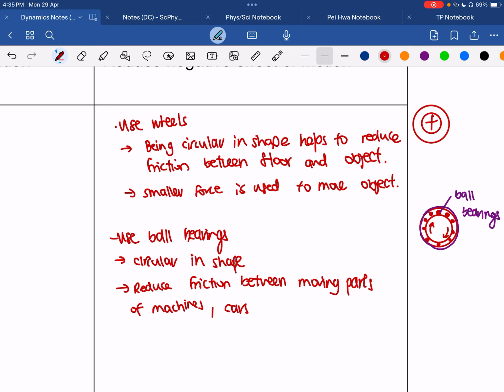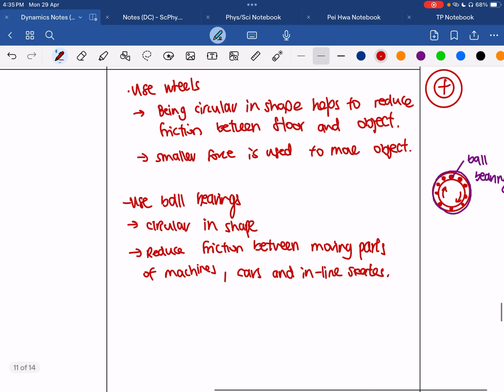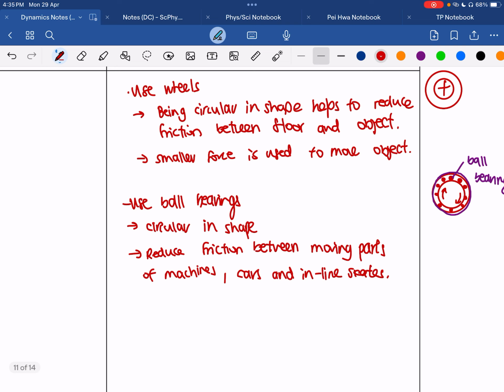Car and inline skates. Okay, so they are placed in between moving parts.